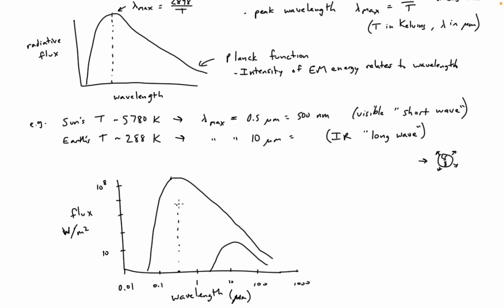Okay, so a couple things to note here. One is the area under the curve is the total energy that's emitted. So let's label. This is the sun. This is Earth. So area under curve is the total energy flux.